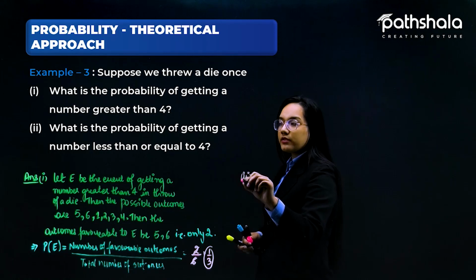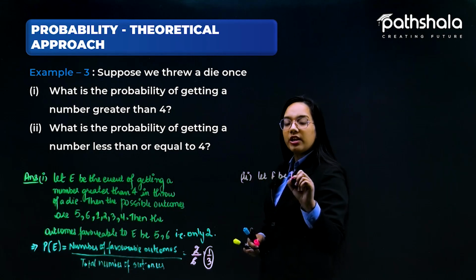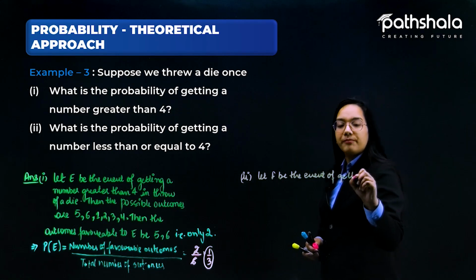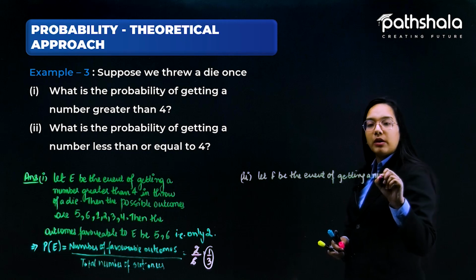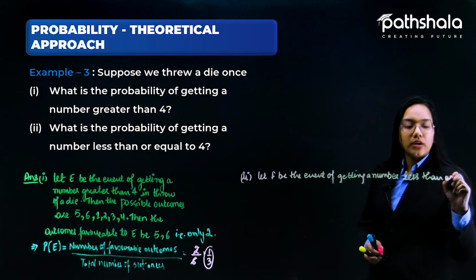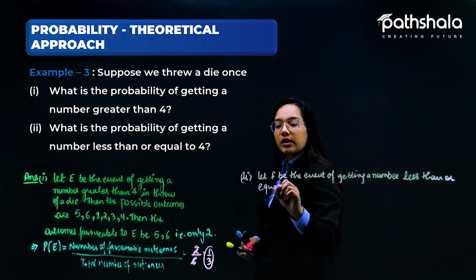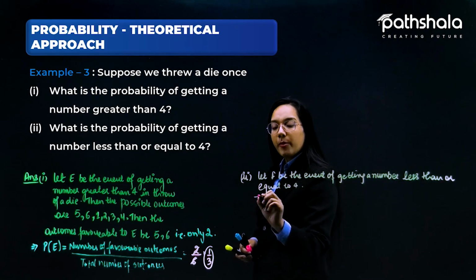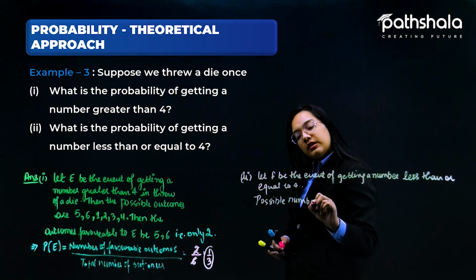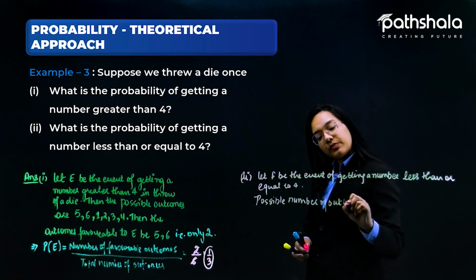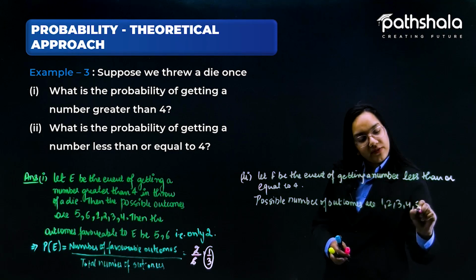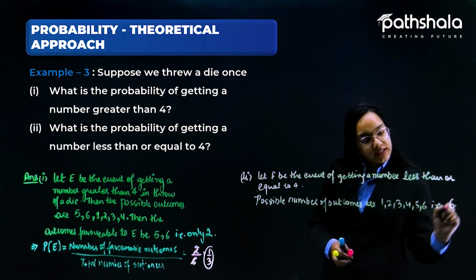In the second part, let F be the event of getting a number less than or equal to 4. The possible number of outcomes are 1, 2, 3, 4, 5, 6, that is in total 6.